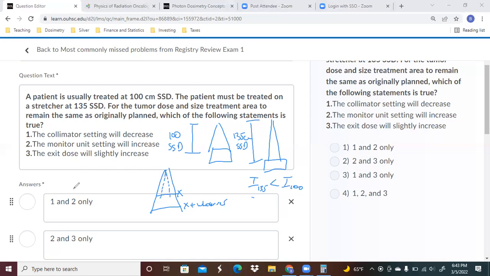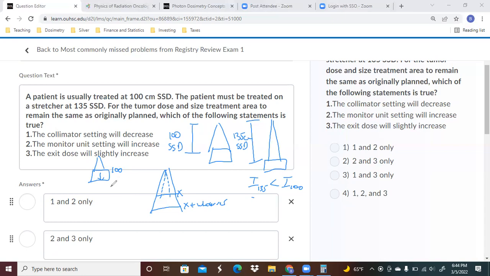This one may not be easy to see, because the PDD here at one distance, say 100, is going to have a certain characteristic. It's going to fall off to a certain level here. And what you see out here is certainly going to be smaller than what you see here.